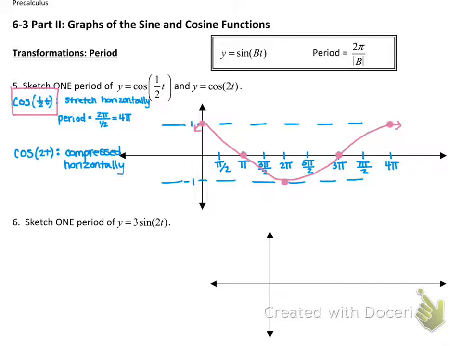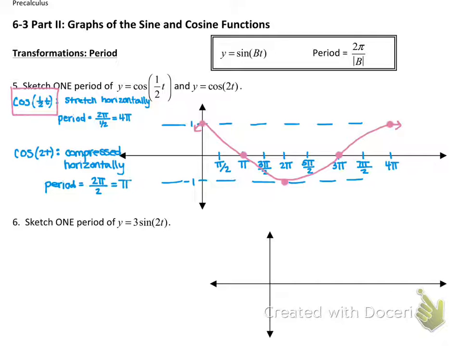So what does this mean? This means the period is going to equal 2 pi over b, and our b value here is 2. So one full length of our cosine function is going to be from 0 to pi.